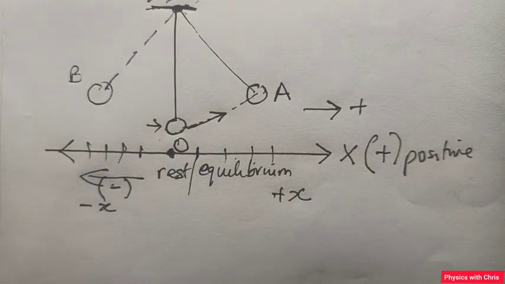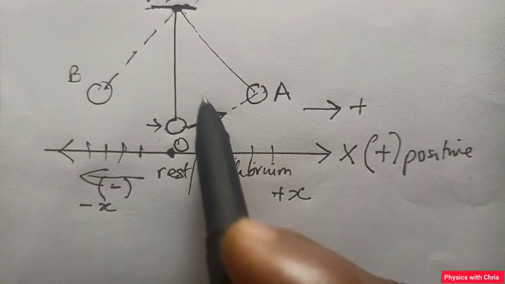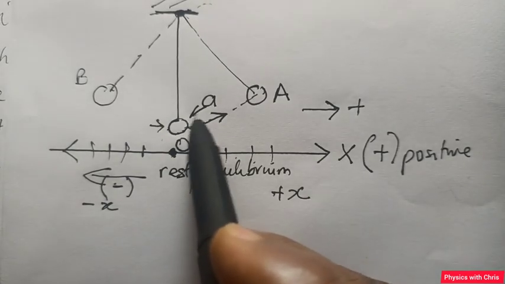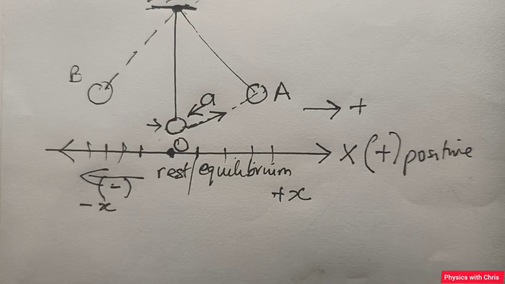But from the definition of simple harmonic motion, the acceleration of the body is always directed towards the fixed point, which means towards the center of oscillation. So irrespective of the position or how the body is moving, its acceleration is always directed towards the fixed point, that is the center of oscillation.